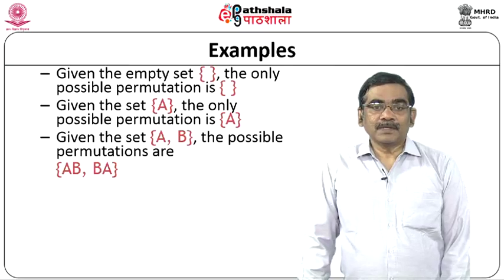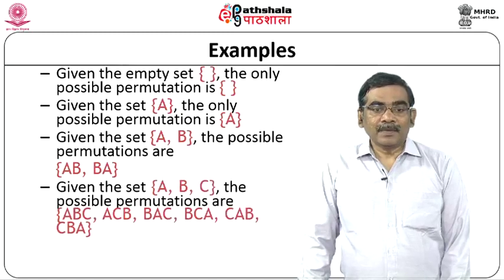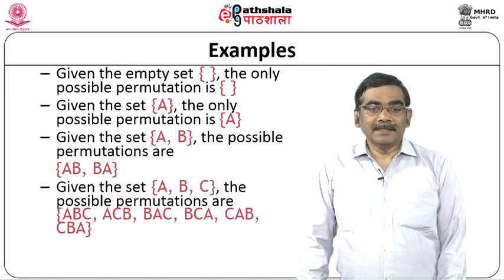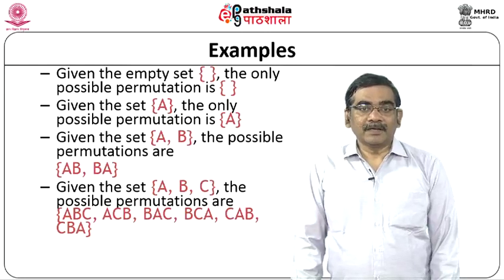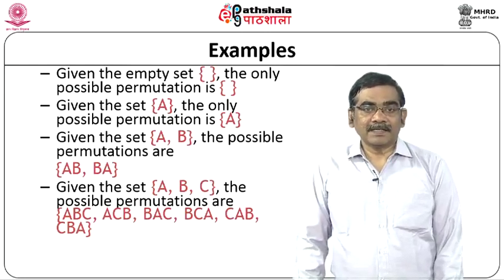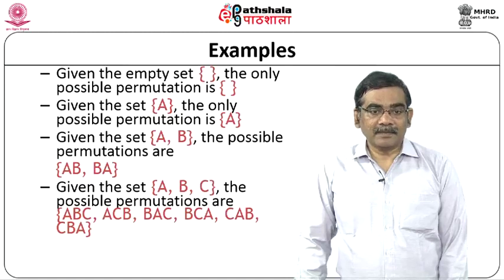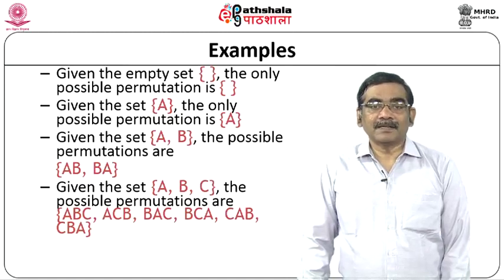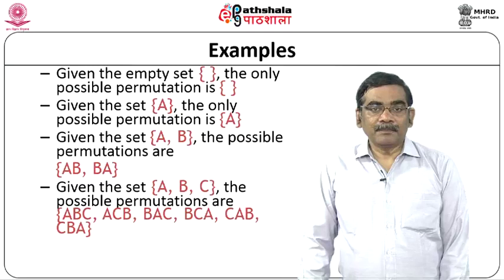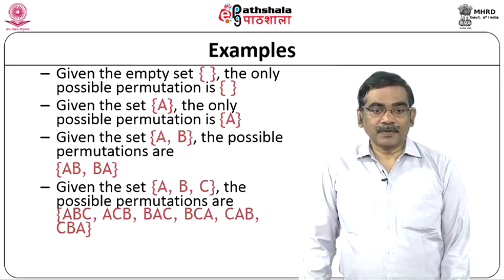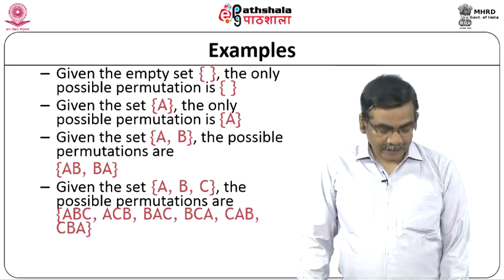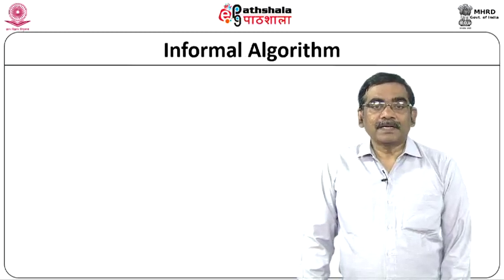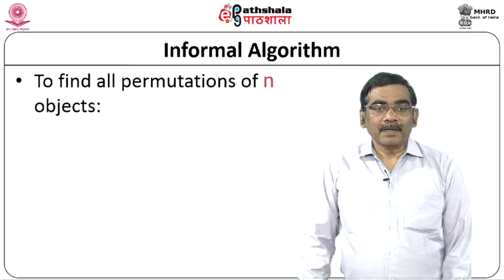So, this is what we call permutations, where we can generate different orderings for different sets. For example, if the set consists of 3 elements A, B, C, you can see there are 6 possible permutations from A, B, C. So, this is what permutation is all about.